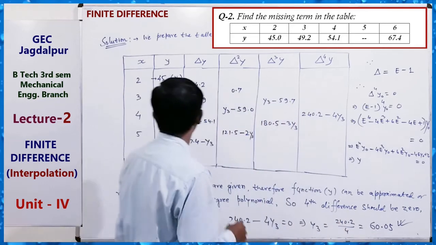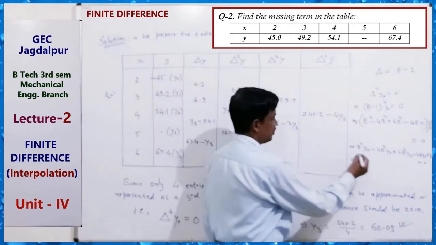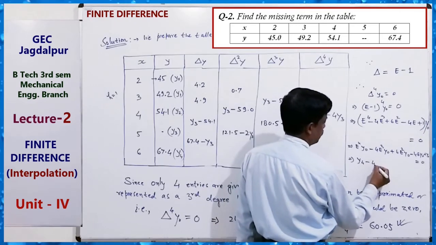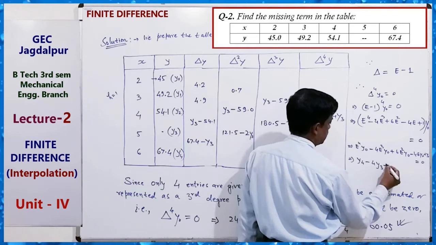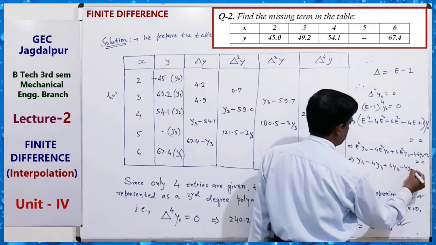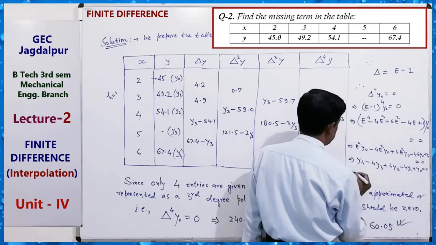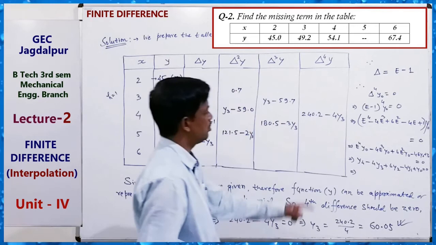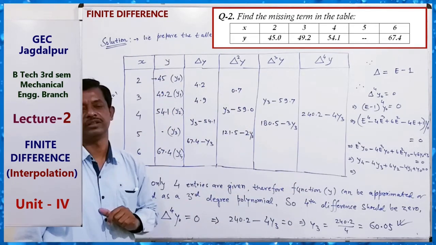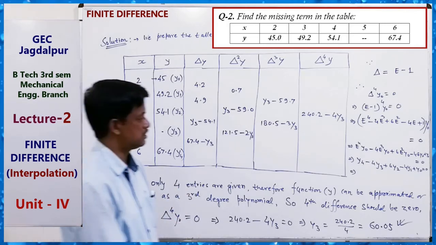So y4 minus 4y3 plus 6y2 minus 4y1 plus y0 equals 0. Now putting in all the values y0 to y4 except y3, you can get the result. Clear?